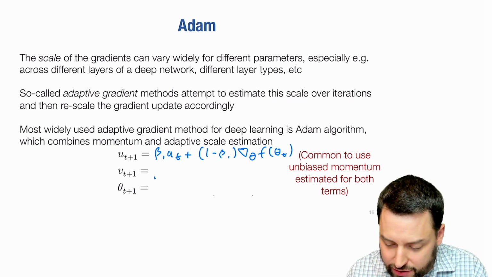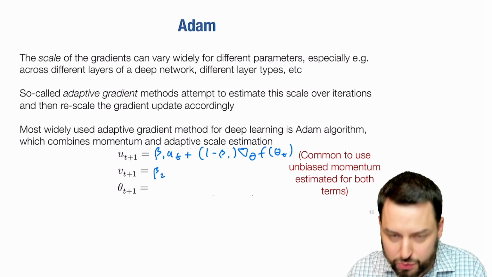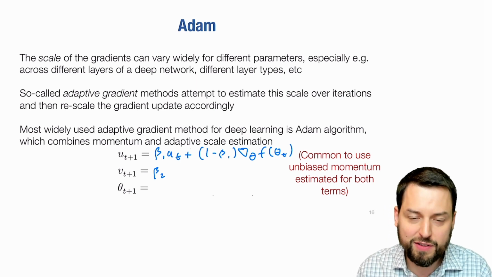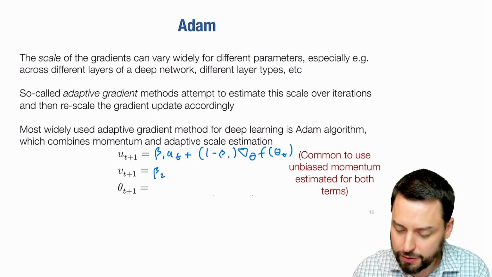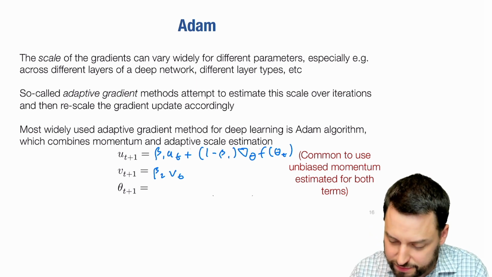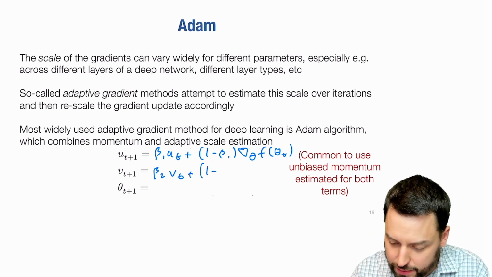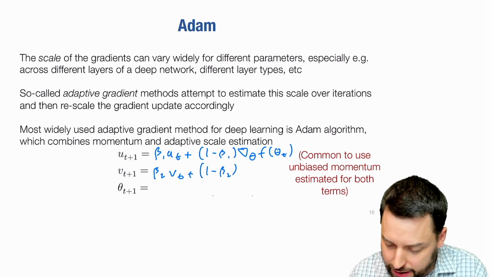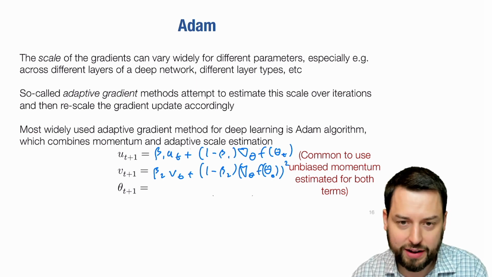The way it does that is with another momentum term, with a different momentum constant on each of these two terms: v_{t+1} = beta_2 v_t + (1 - beta_2) times the same gradient term at theta_t, but squared.